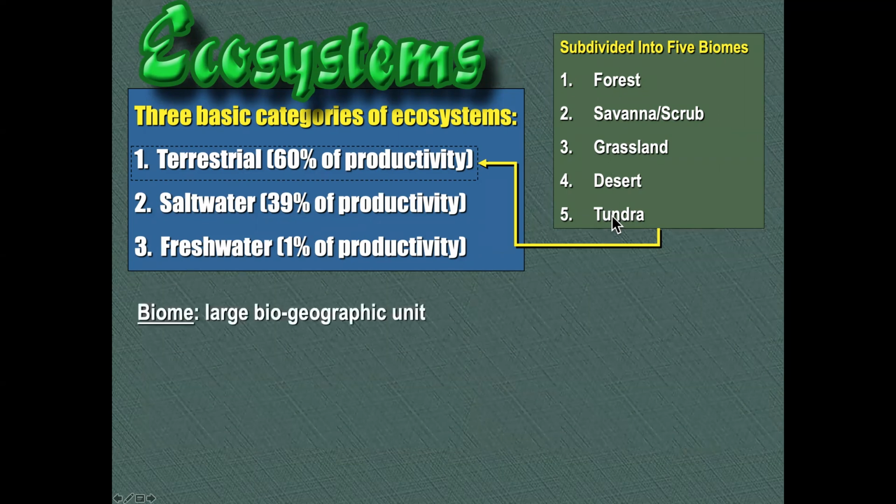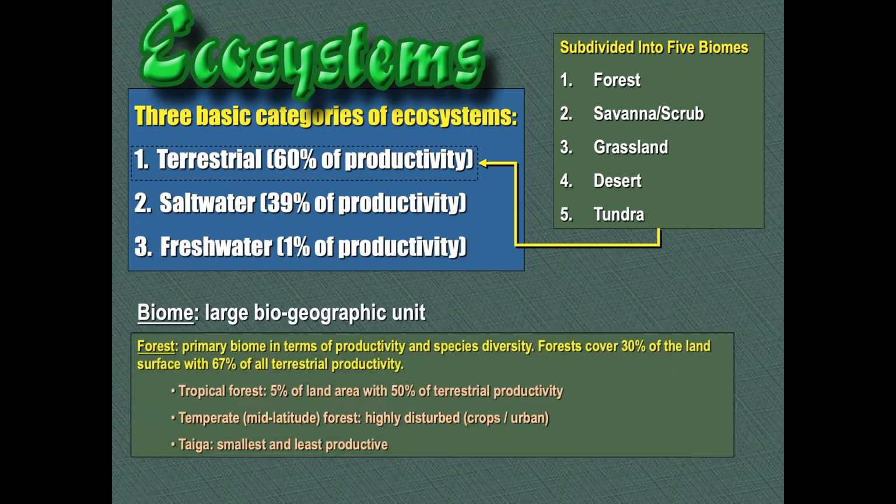Okay? So a biome is what's called a biogeographic unit. And for example, forests are some of the most productive regions in the earth, especially tropical rainforests, which while they only occupy a small percentage of the land, they're responsible for a big chunk of the productivity.